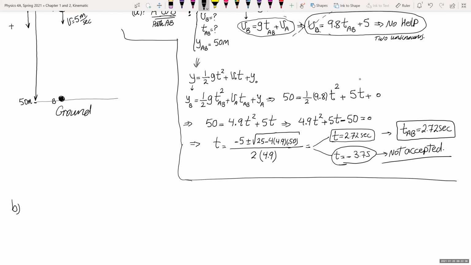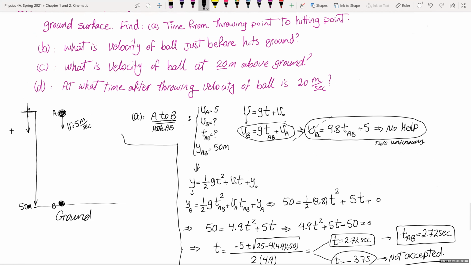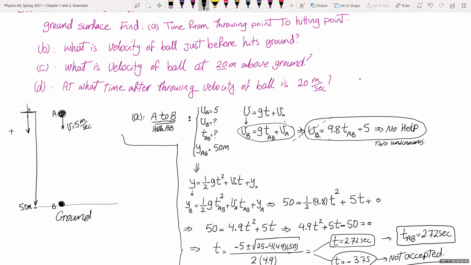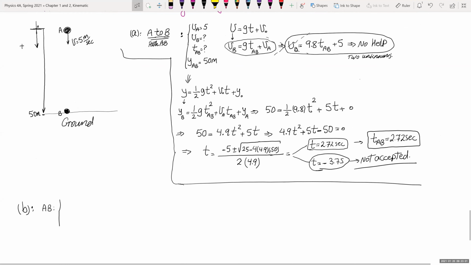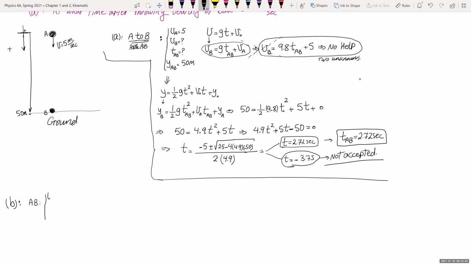Part B says, what is the velocity of the ball just before it hits the ground? Okay, what is the velocity of the ball? Look guys, we are again in path AB, correct? So write initial velocity, final velocity, time, position, and acceleration.